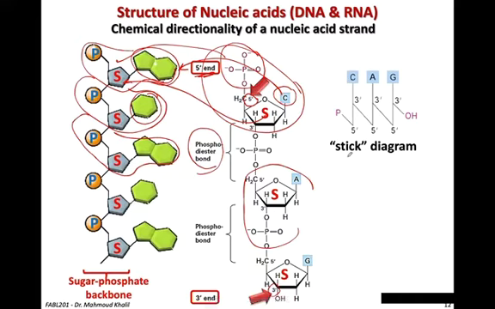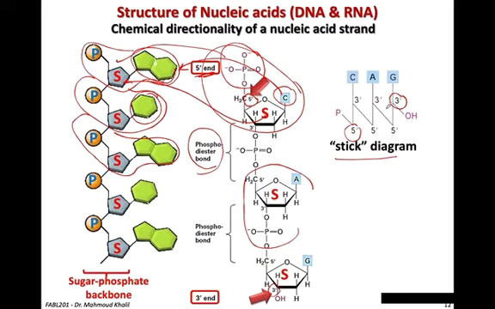For simplicity, scientists invented a way to easily read the structure of DNA, and you can see in this stick diagram how the bases are aligned, and there is a starting end 5', and a terminal end which is 3'.